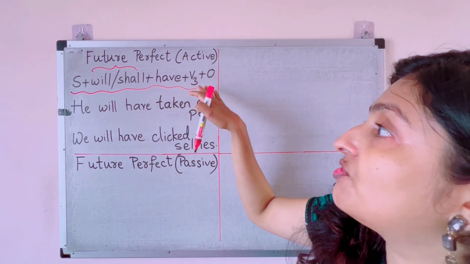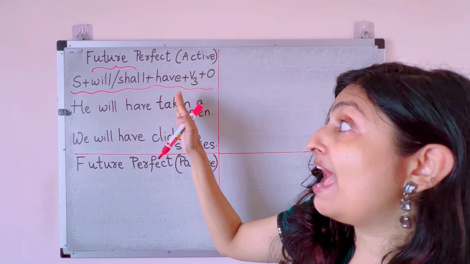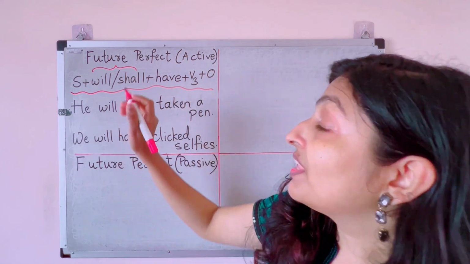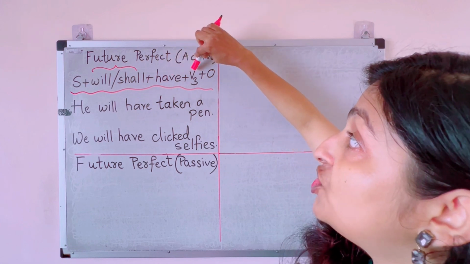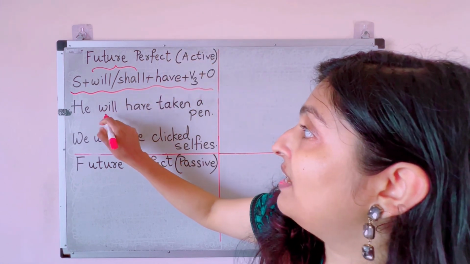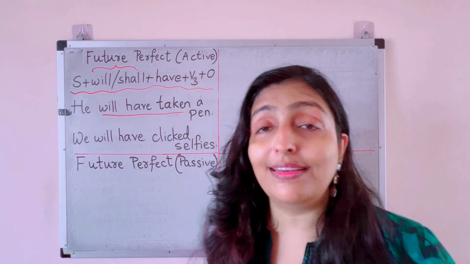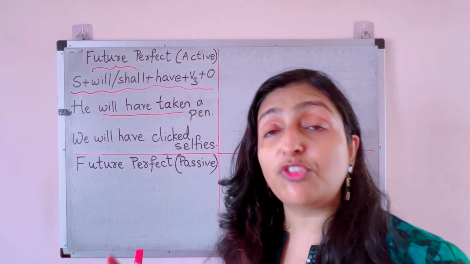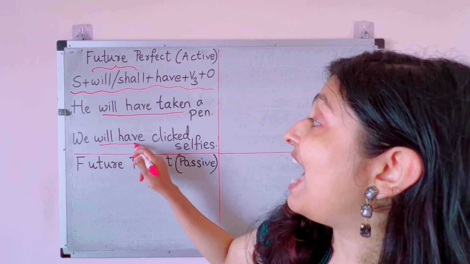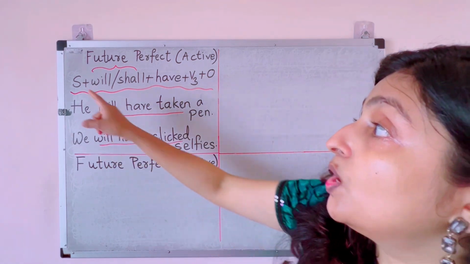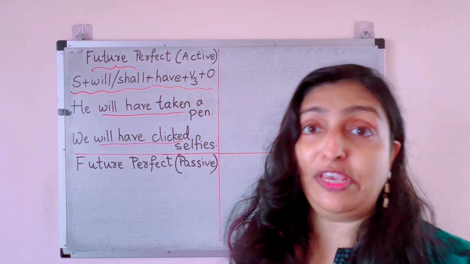Have plus V3 plus object. He will have taken a pen. A pen is your object. Taken is the V3 form of take. Second example is we will have clicked selfies. We is a subject.